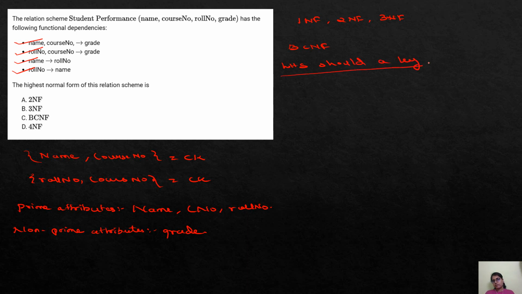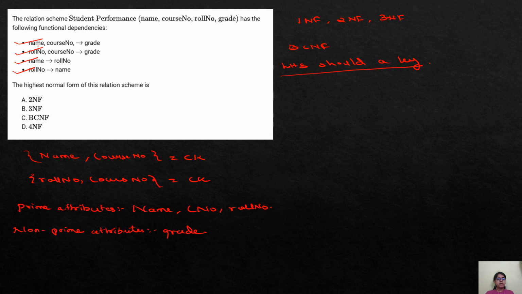This is the only thing we have to check in BCNF, that the left hand side should have a key. And if it does not have a key, then it is not BCNF. It is very simple. BCNF does not care whether it is a prime attribute or non-prime. We will not check that. Only the left hand side we will check. If it is key, then it is BCNF. Otherwise, it is not. So let's check one by one.